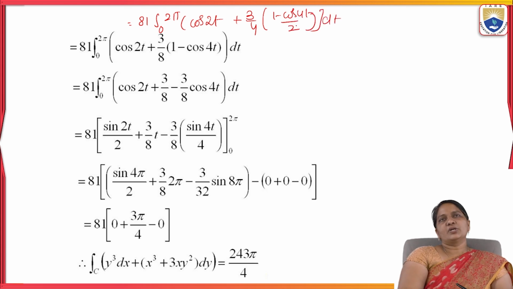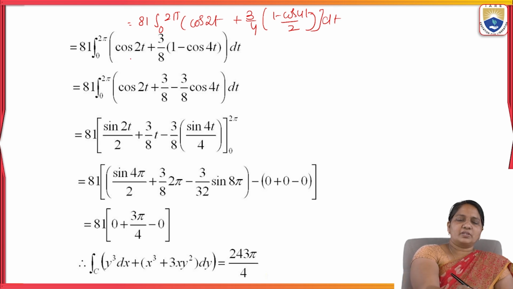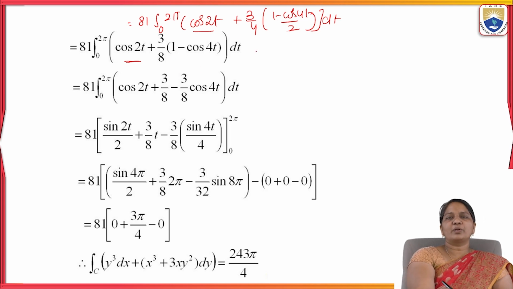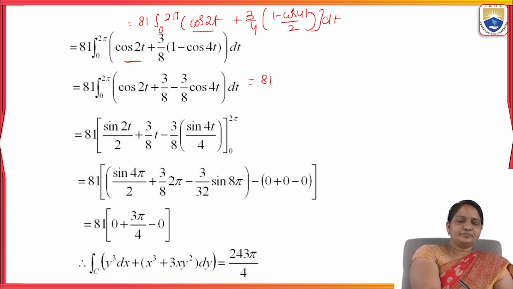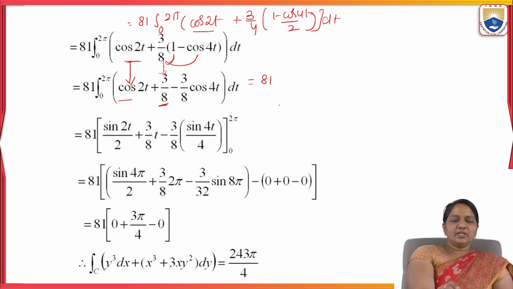So now I am simplifying: cos 2t as it is, and 3 by 4 into that gives 3 by 8 into 1 minus cos 4t dt. Now 81, cos 2t as it is, and 3 by 8 into 1 is 3 by 8. After that, 3 by 8 into cos 4t dt.